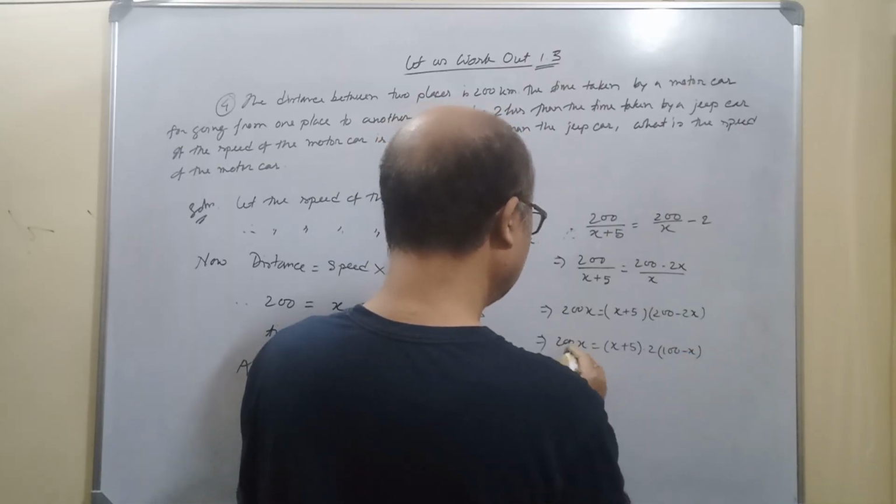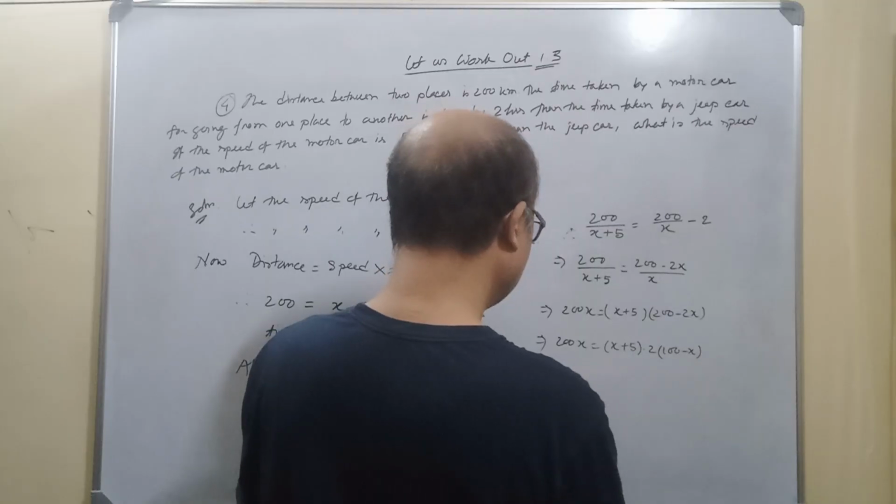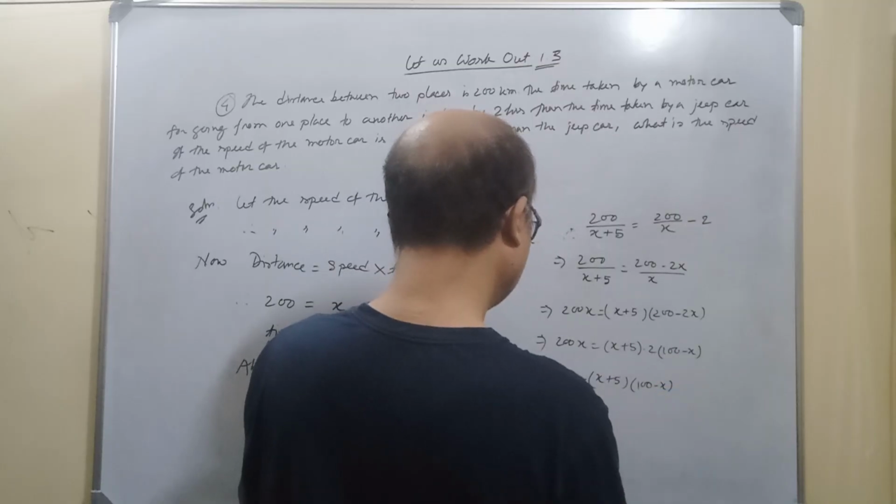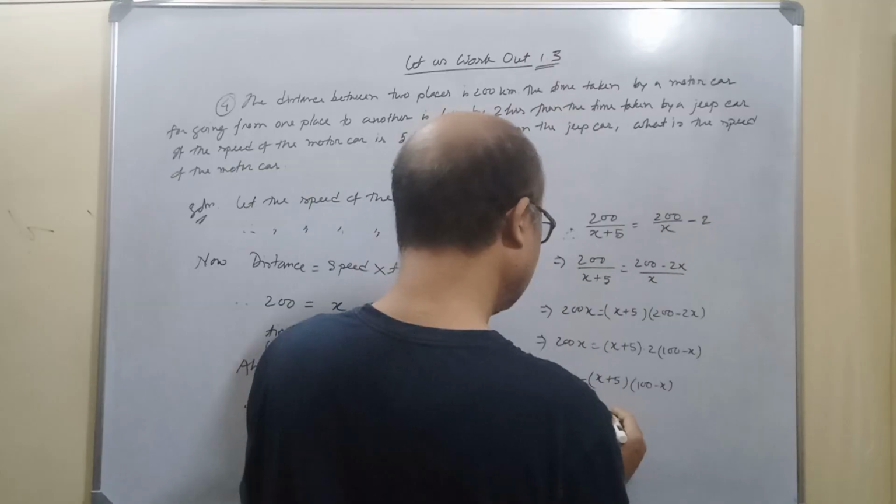So divide both the sides by 2, it becomes 100x equals x plus 5 into 100 minus x. Simplify, how much is it?